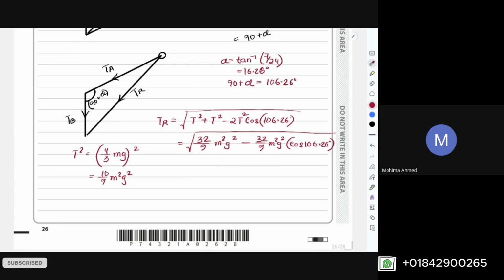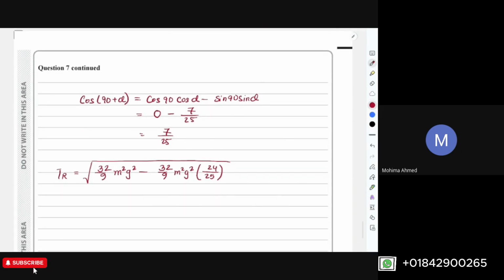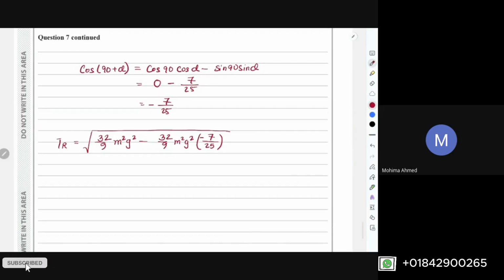That's correct. That's what we are using also. We have cos 90 cos alpha, then sine 90 sine alpha. Cos 90 is itself 0, multiplying with cos alpha is nothing. And sine 90, okay, we have to use the minus sign here. That will create some change, right? So we have 32 by 9 plus 32 by 9 with 7 by 25.